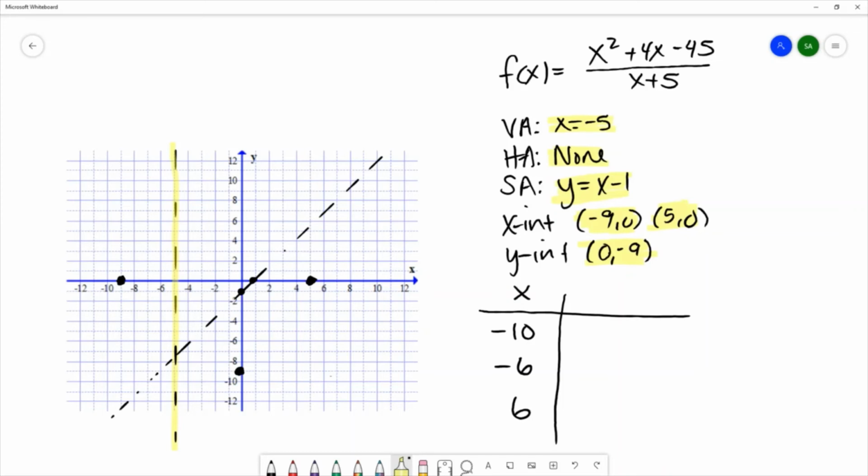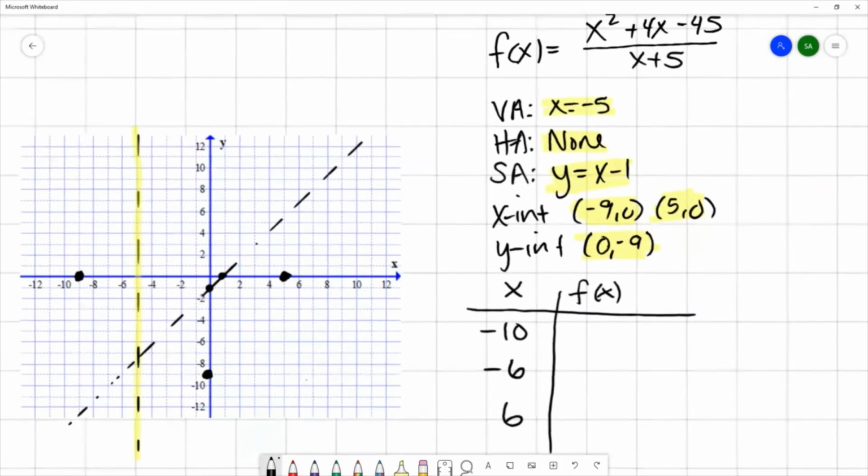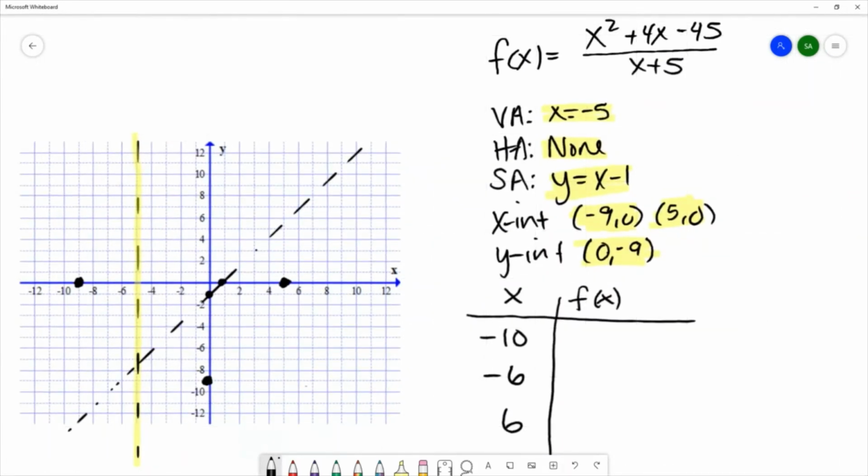And we're going to substitute that into our function to figure out our y values. So I'm substituting that in for my f. That's -10 squared plus 4 times -10 minus 45 over -10 plus 5. -10 squared is 100. 4 times -10 is -40, and minus 45.